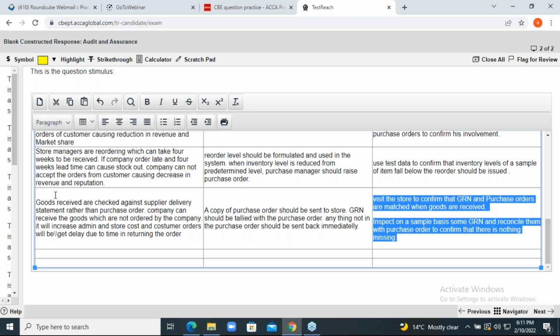And the second test of control was to inspect, on a sample basis, some GRNs and reconcile them with the purchase order to confirm that there is nothing missing. What I meant is that if the process is there and the goods are linked with the purchase order, then we will receive only up to the quantity for which the purchase order was issued. For example, we ordered 15 clothes and we received 20. We will not accept all 20.